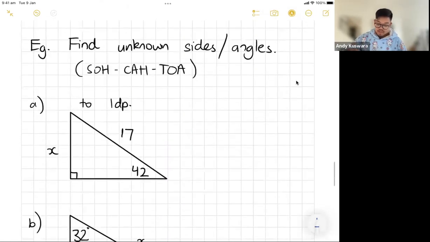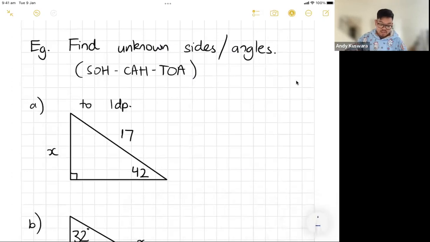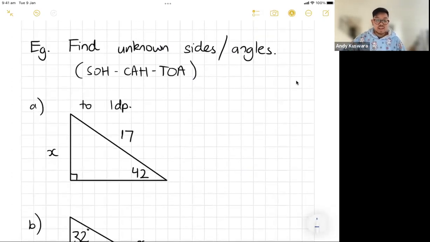All right, moving on. We're going to blitz through these, so hang tight here. Finding unknown sides and angles, and we're going to use SOH CAH TOA here, okay? Your key hint is you've got a right angle triangle. Now here, I've got an angle. I've got my opposite. I've got my hypotenuse. It must be sine. So I'm going to write sine 42 should equal opposite over hypotenuse.